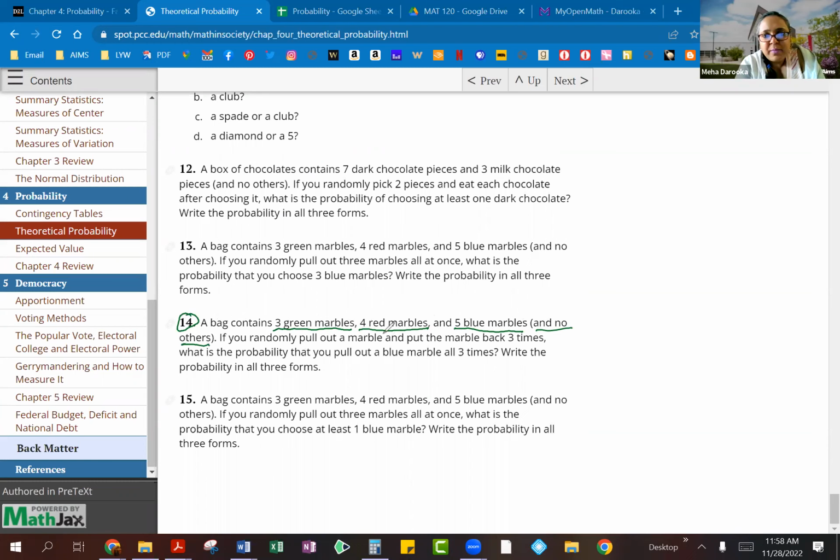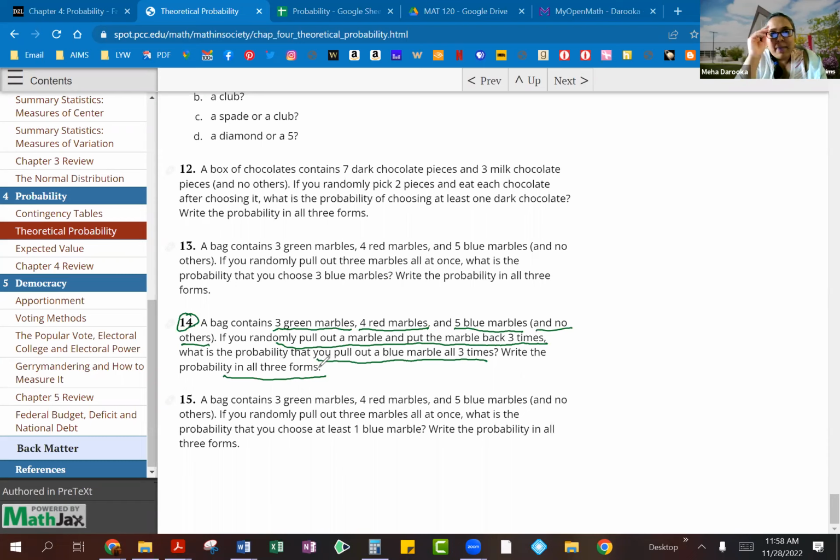If you randomly pull out a marble and put the marble back 3 times, so you will see in this case, you are replacing it, right? You're putting the marble back. So this is with replacement. What is the probability that you pull out a blue marble all 3 times? And again, you're writing this in all 3 forms, your probability.